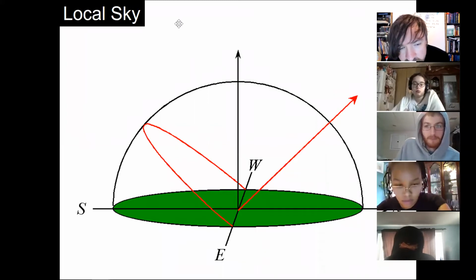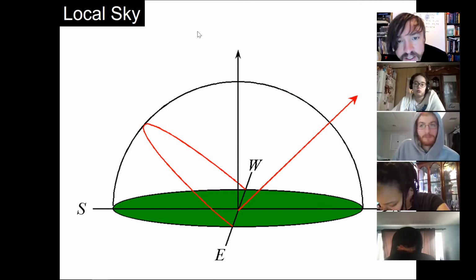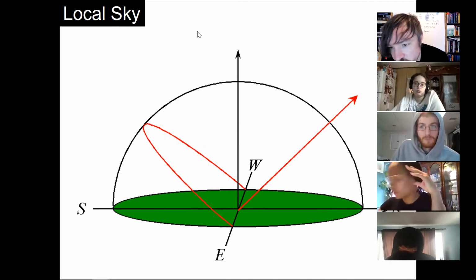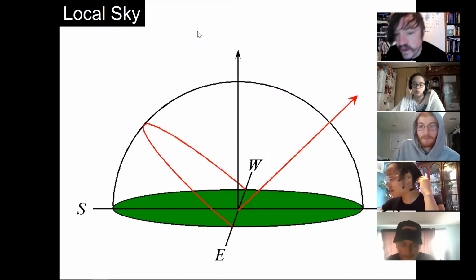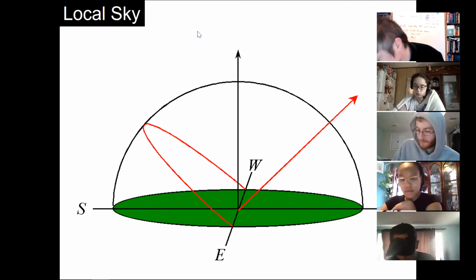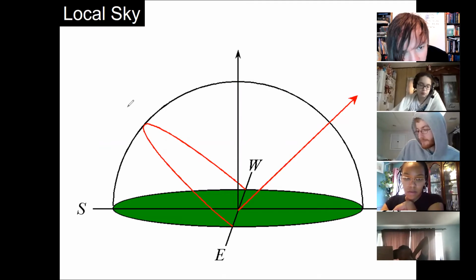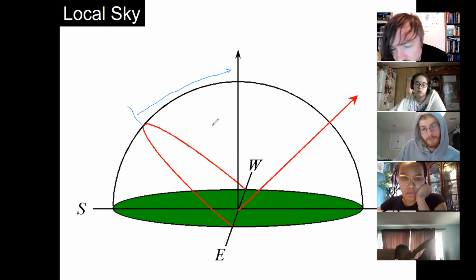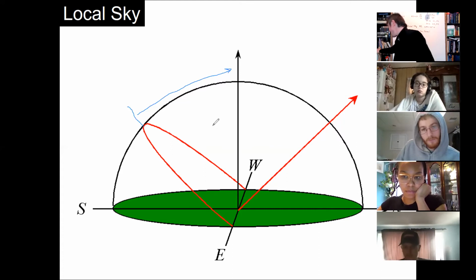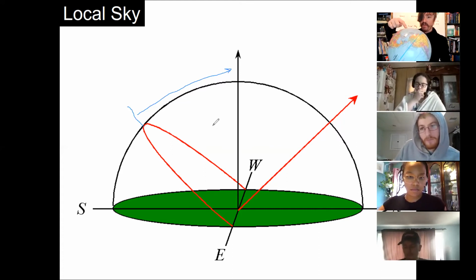You'll remember that in a previous lecture, when I talked about geographic coordinates, I told you the latitude and longitude of Rhode Island. So you were already supposed to know the latitude of Rhode Island is 42 degrees. And if you don't believe me, you can just look it up on your phone. I also told you today that the angle between the celestial equator and the zenith, the beta angle, is the same as the angle between the equator and where you are on the Earth.